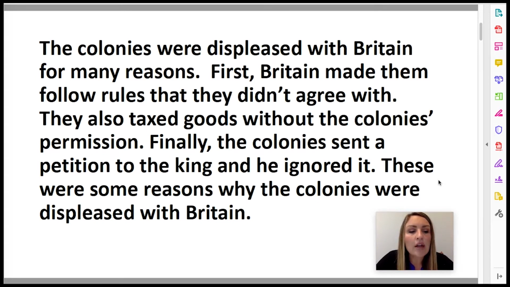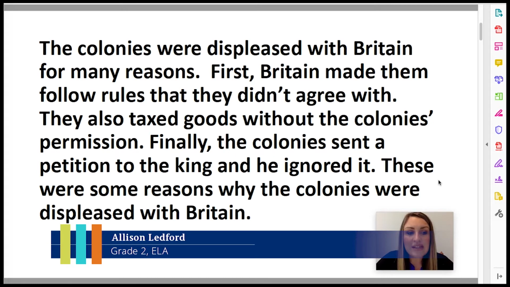Okay, the colonies were displeased with Britain for many reasons. First, Britain made them follow rules they didn't agree with. They also taxed goods without the colonies' permission. Finally, the colonies sent a petition to the king, and he ignored it. These were some of the reasons why the colonies were displeased with Britain.